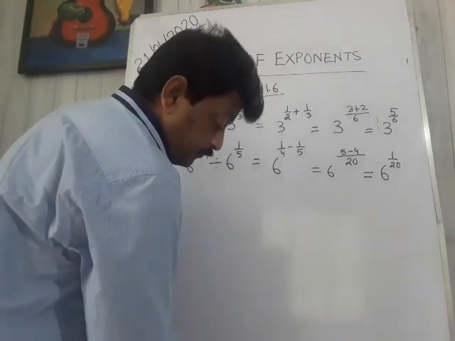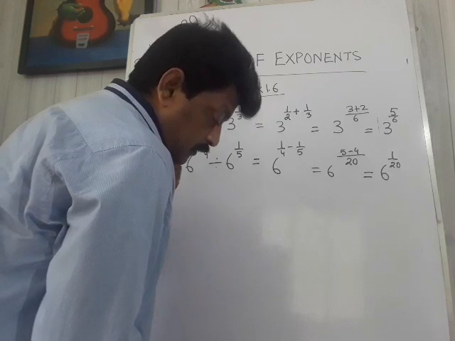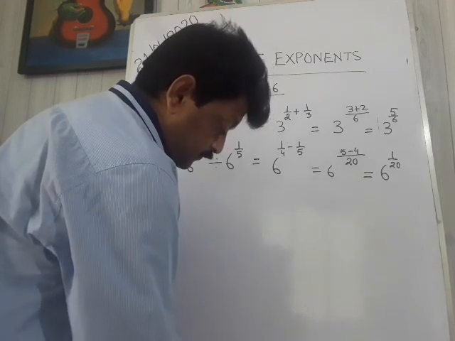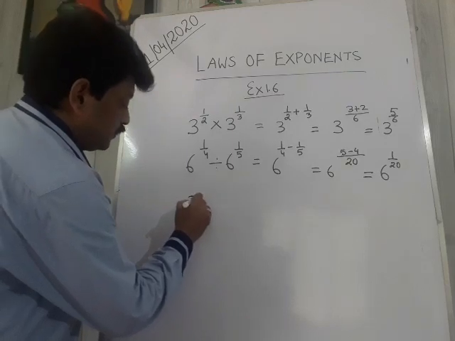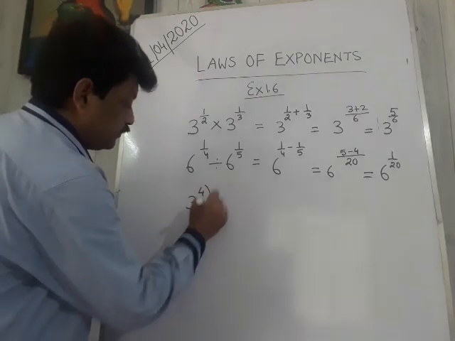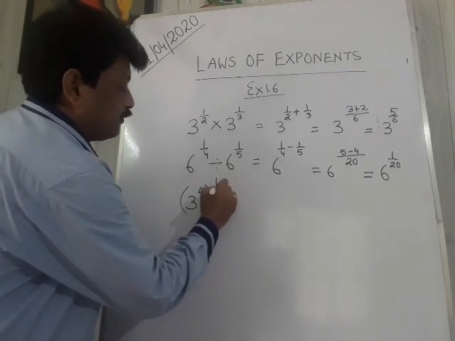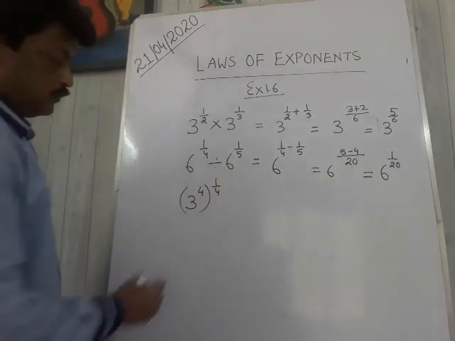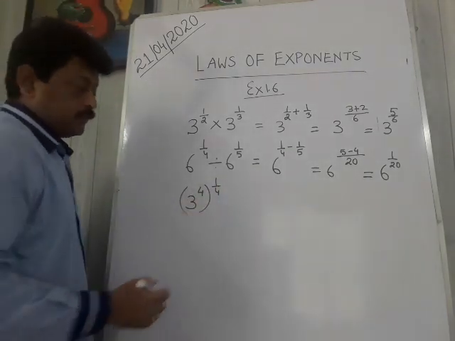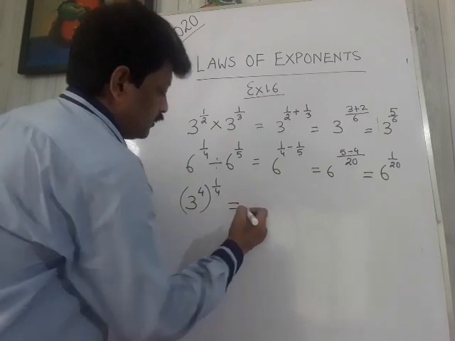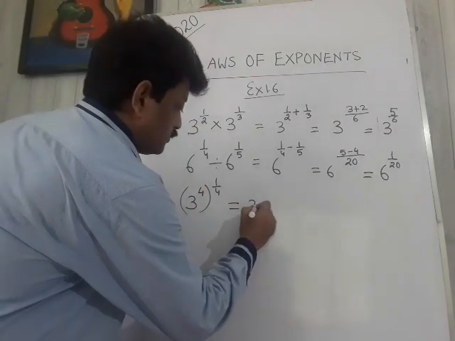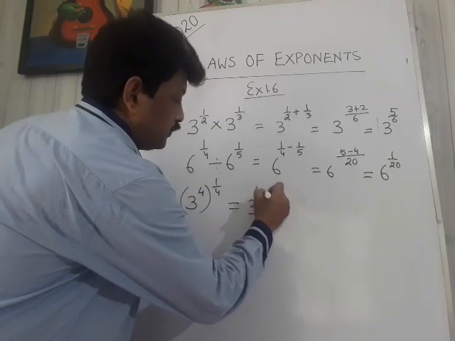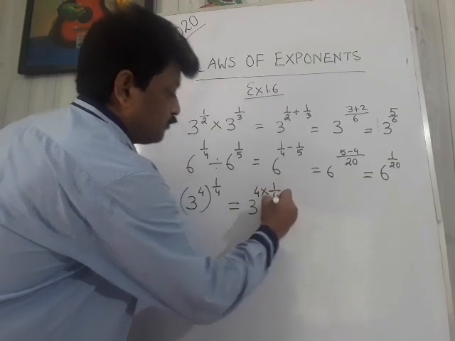Next one, 3 power 4 and power 1 upon 4. 3 is having 2 exponents. So here according to the laws, both the exponents will be multiplied. 3 power 4 into 1 upon 4.